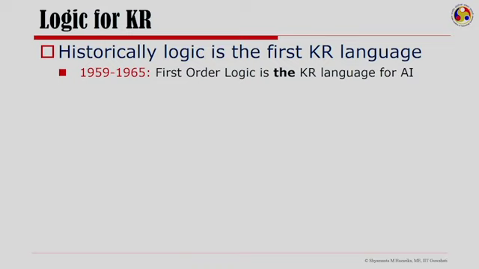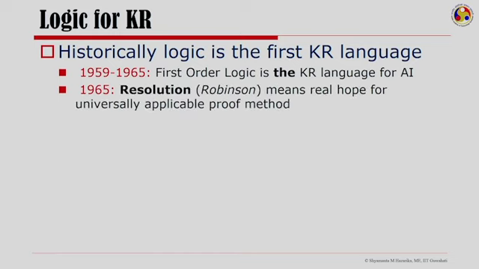First order logic has been the knowledge representation language for artificial intelligence from around the late 50s. Around 65, we saw Robinson come up with resolution, which meant real hope for a universally applicable proof method. We will look at resolution as part of our discussion on first order logic.